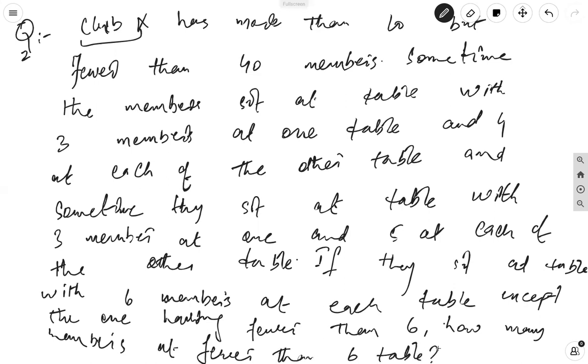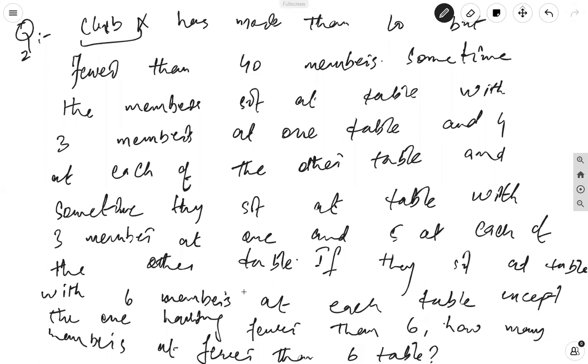I repeat the question. Club X has more than 10 but fewer than 40 members. Sometimes the members sit at a table with 3 members at one table and 4 at each of the other tables. And sometimes they sit at a table with 3 members at one and 5 at each of the other tables. If they sit at tables with 6 members at each table except the one having fewer than 6, how many members will sit at the table with fewer than 6?